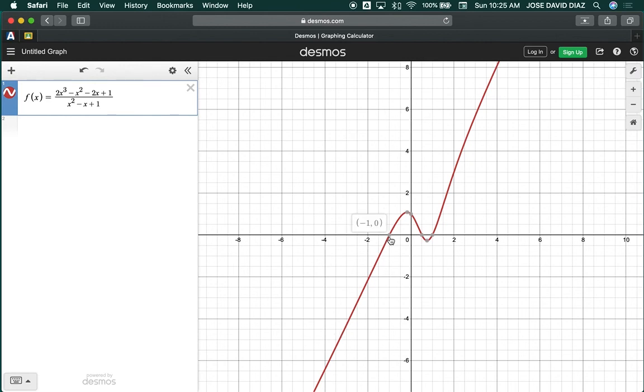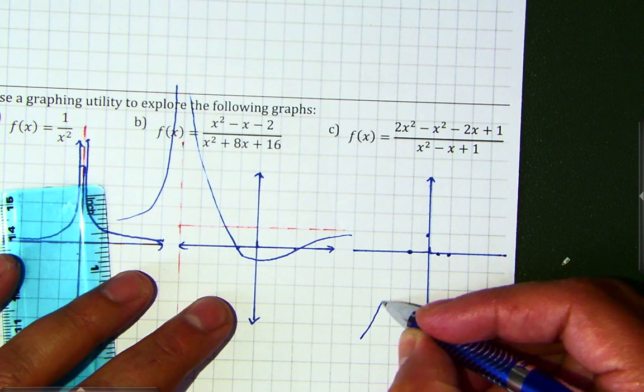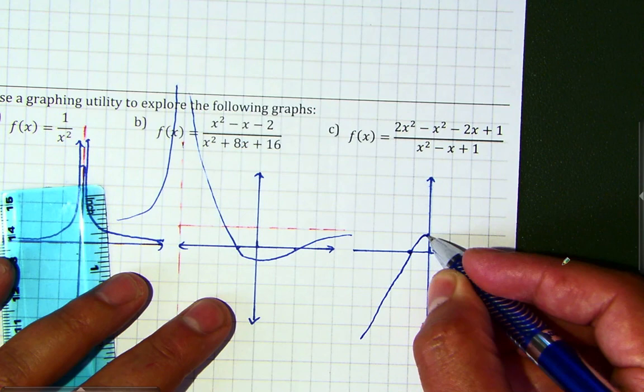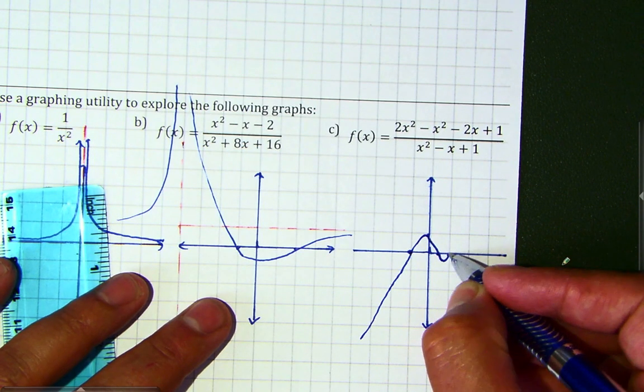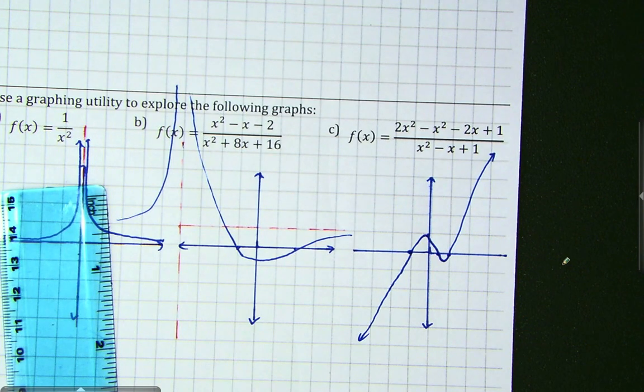But for now, we're just going to do a quick sketch and plot those points. One, two, three, but it still has an asymptote, still a rational expression.